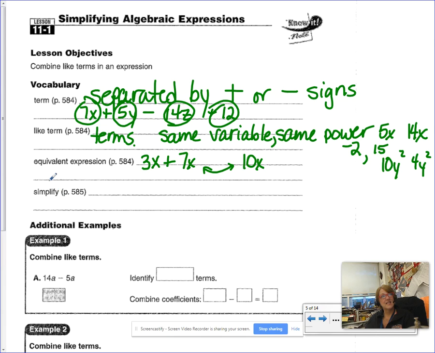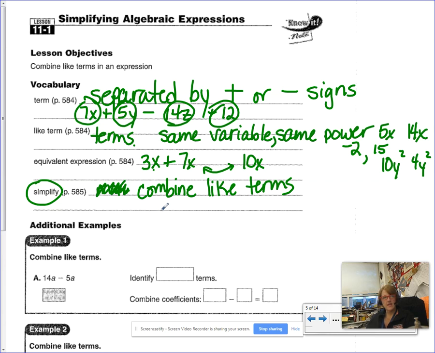What I did is I simplified it to combine things together. So simplifying usually means, we usually just say, combine like terms and make that expression more compact, more succinct. Combine like terms.